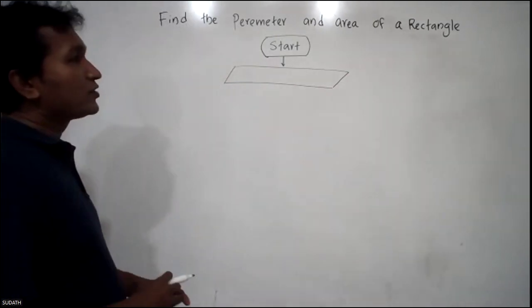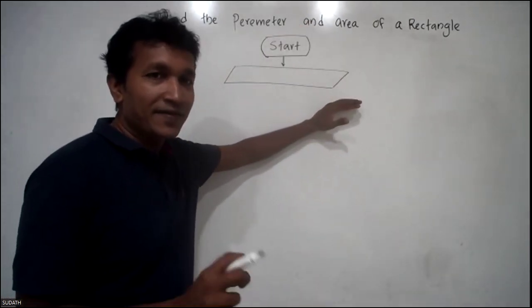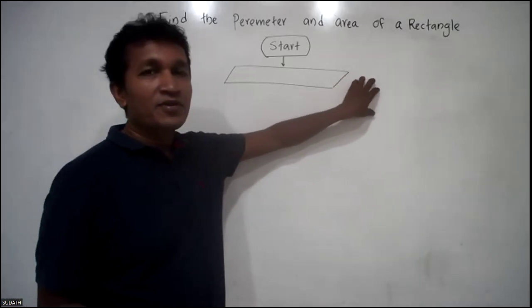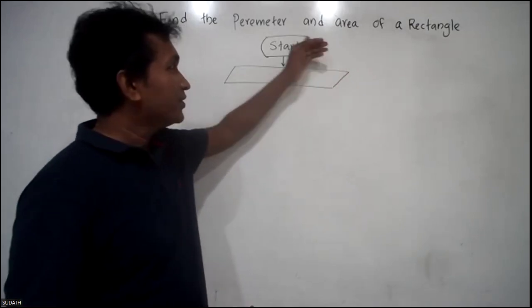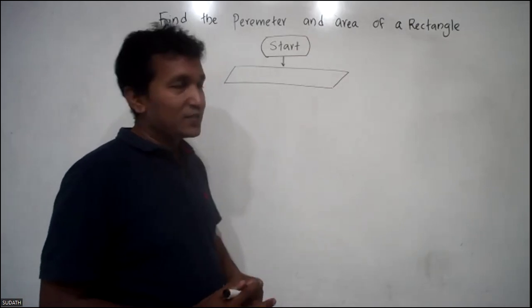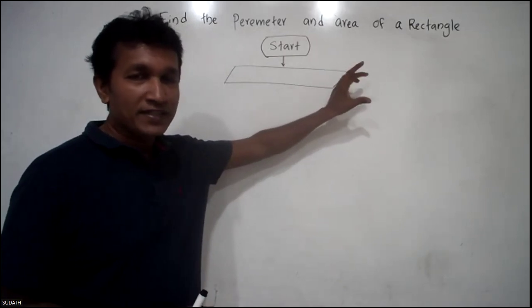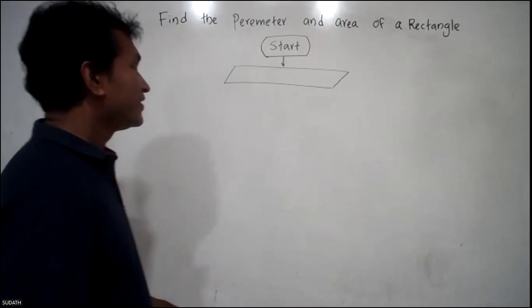Here also we can put a process like creating variables, right? But this time I'm not going to write that, so the flowchart will be a little bit lengthy. So we can create variables to store width and length.